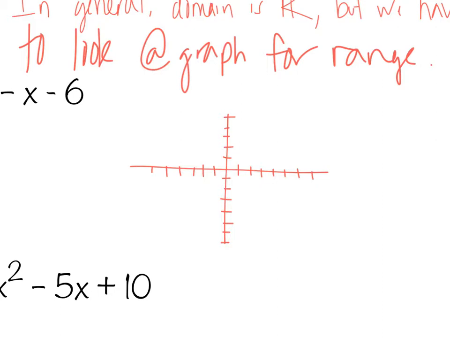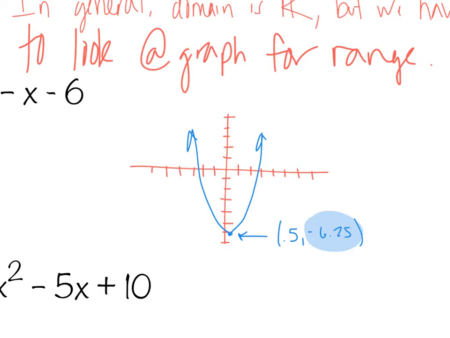So 1, 2, 3, 4, 5, 6.25 and then somewhere right there. And the parabola goes up from there. I'm not really concerned with what the graph does above that, but this point right here, my minimum, is 0.5 and negative 6.25. So since we're dealing with range, we're looking specifically at this y value, since range is y values. So it looks like it starts at negative 6.25 and then goes up from there.